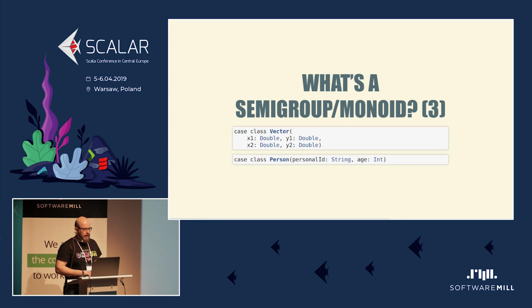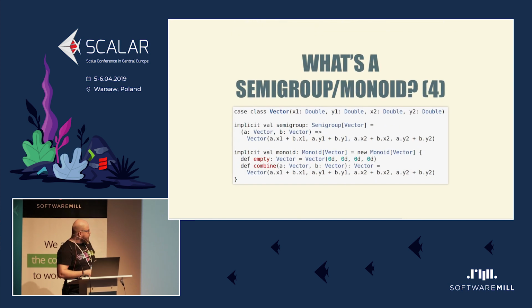Well, it's not really a semigroup or a monoid, because you cannot combine two people to form another person that has, at least in this representation, any meaningful result, right? You cannot, I don't know, concatenate the personal IDs. You cannot add the ages. It will not be a person. And that's the clue to differentiating whether you can or cannot combine stuff, because the combine operation requires that the result type is the same as the two things that are combined. So it's not like with fold or foldMap, where it can be anything.